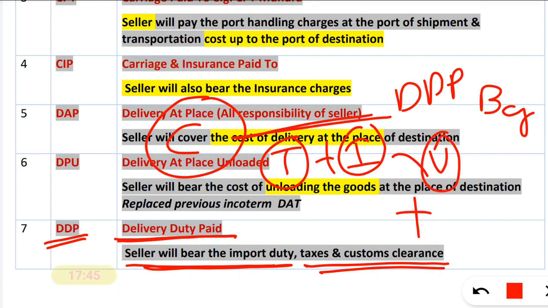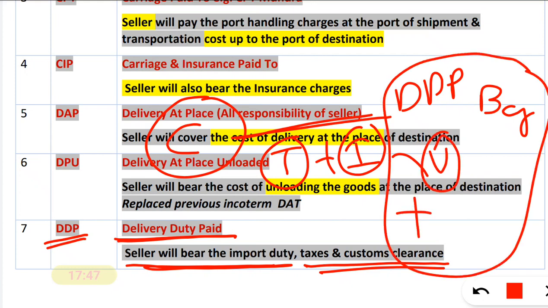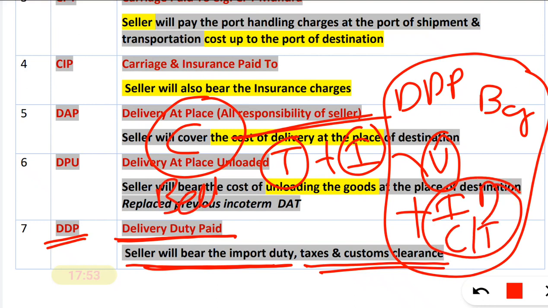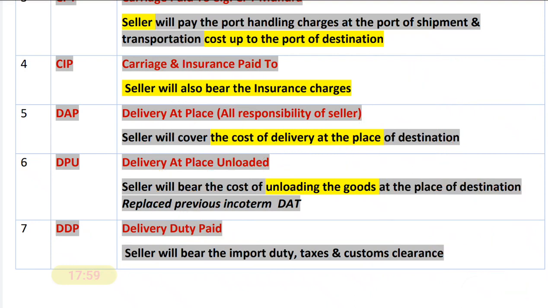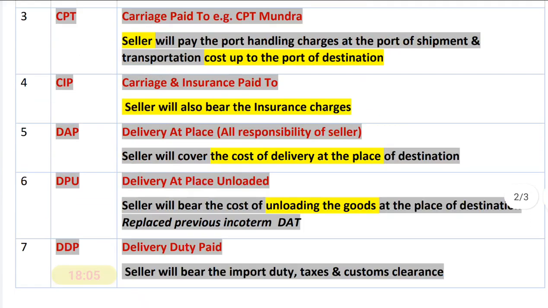Apart from that, if you are entering into India, you have to pay the import duty and customs taxes. All will be borne by the seller. So the seller has to pay all the things. That is called DDP, delivery duty paid. These are the terms which we have discussed. Okay, very easy.